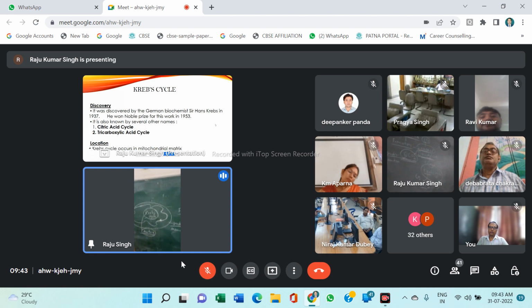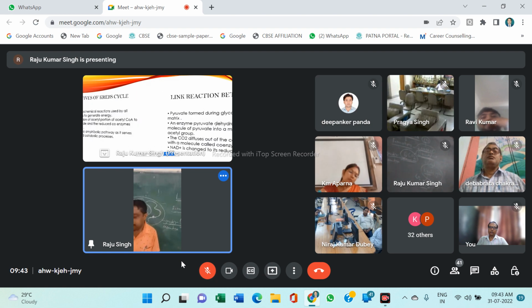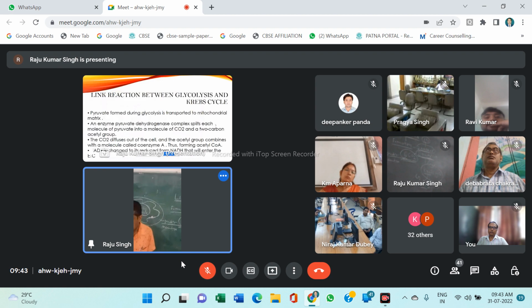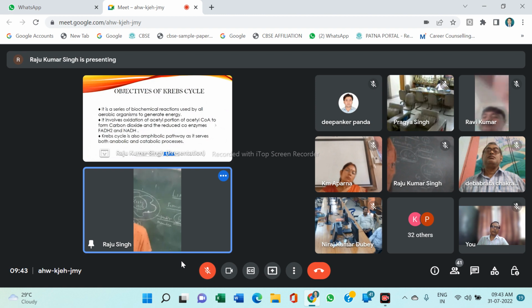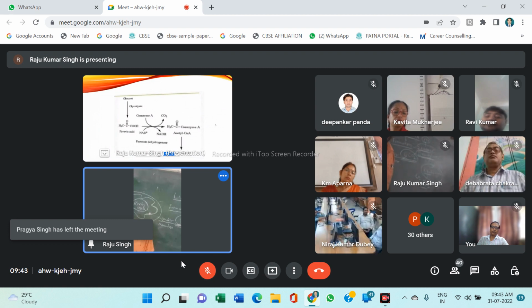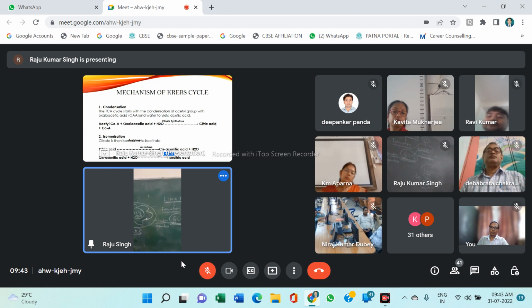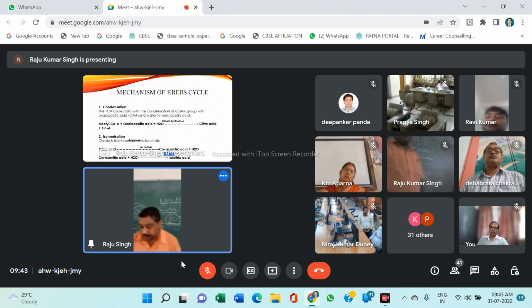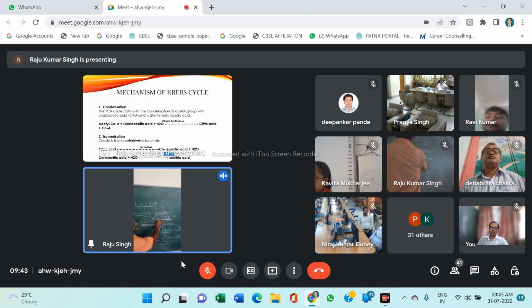Now we are beginning with the mechanism of the Krebs cycle. We have seen through the link reaction how acetyl CoA was formed.